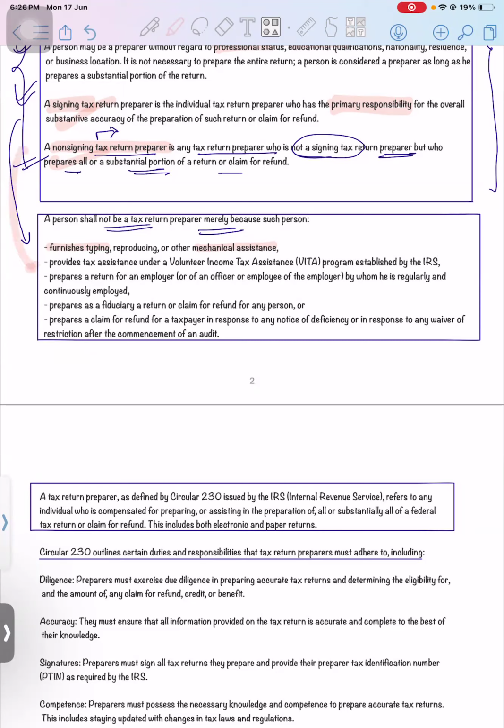The second exception is providing tax assistance under the Voluntary Income Tax Assistance program established by the IRS. Even today, if you check the IRS website, there is this program, the Voluntary Income Tax Assistance program.